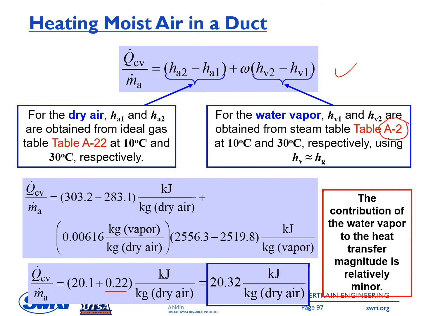So we just plug in all the numbers, and you will get the heat transfer is 20.32 kilojoule per kilogram dry air. And what you can see here, the contribution of the water vapor to the heat transfer magnitude is relatively minor. It's only 0.22, and the one from the dry air is 20.1.